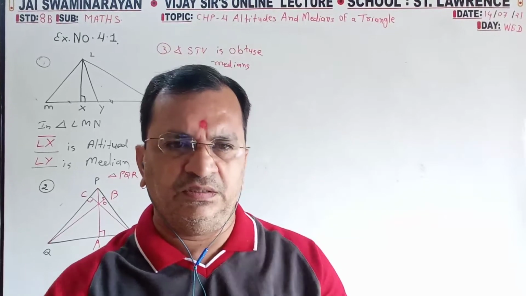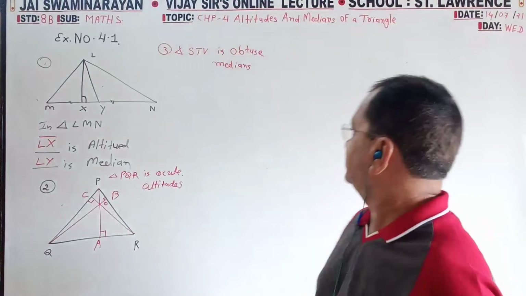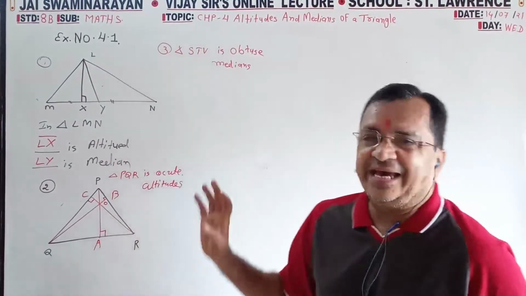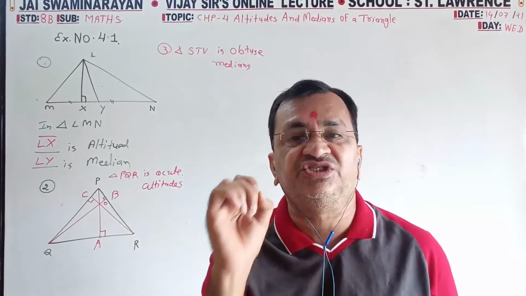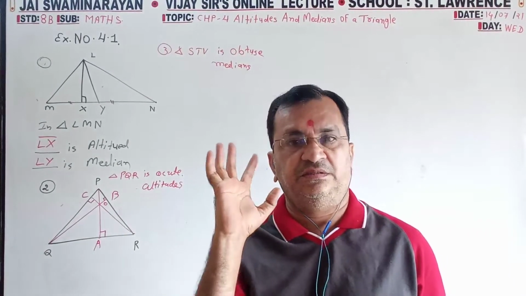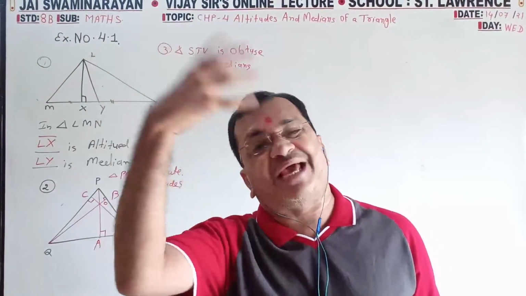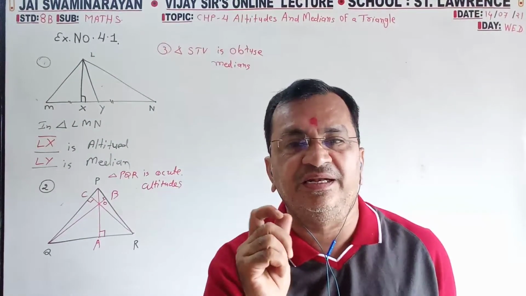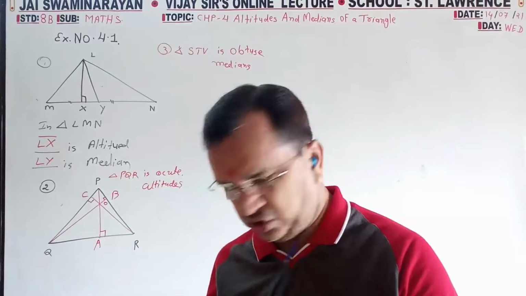Now see, acute means what? All three angles are less than 90. Obtuse triangle or obtuse angle means one angle is more than 90. So, obtuse triangle.